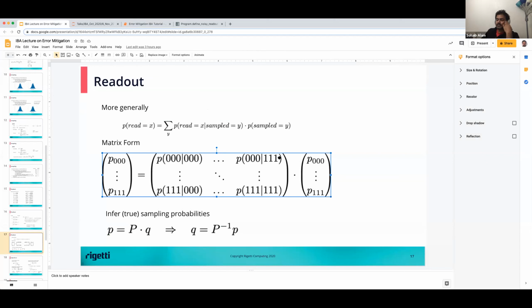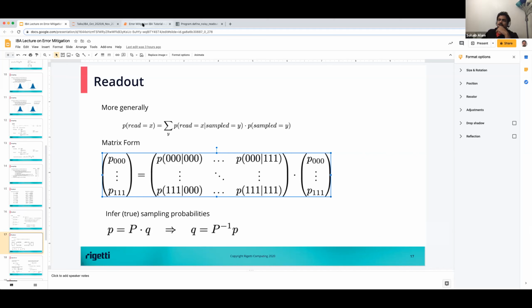When this is your starting state, then you would apply an X gate to all of the qubits. Then you would measure it out and count the fraction of times you saw 000, the fraction of times you saw 001, the fraction of times you saw 010, et cetera. So that's a whole bunch of experiments that will allow you to compute what this confusion matrix is.